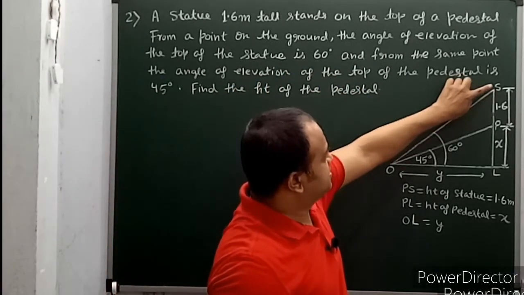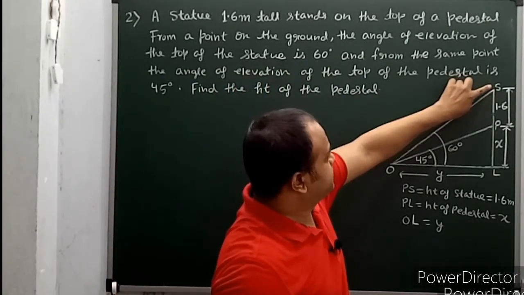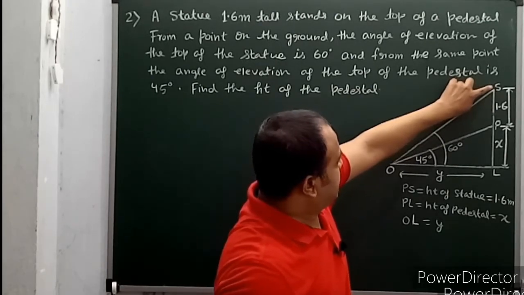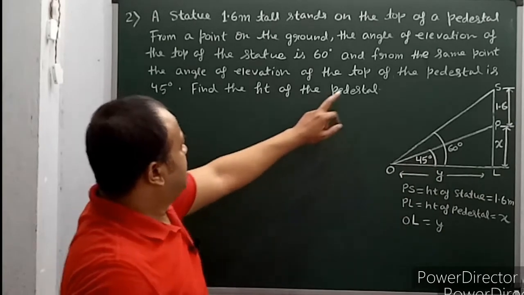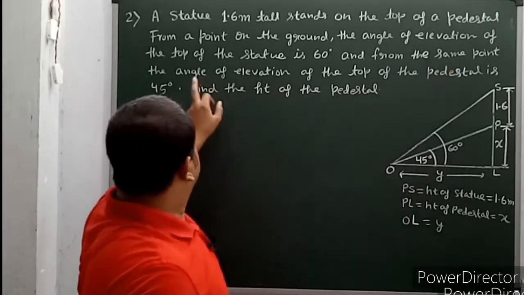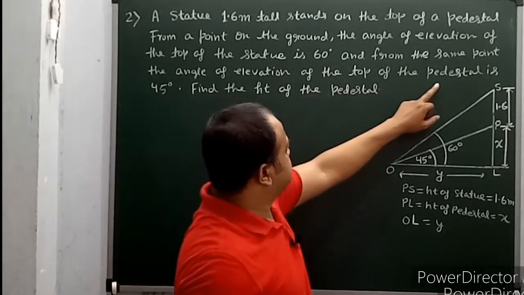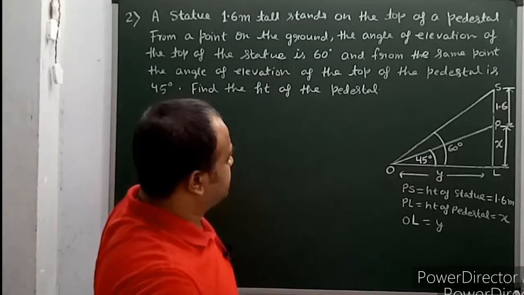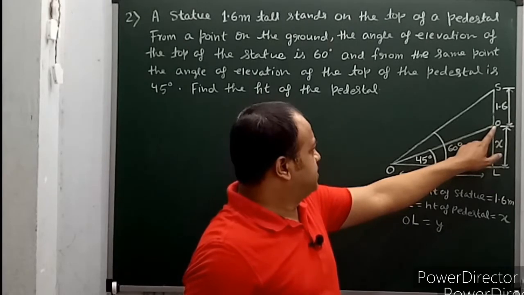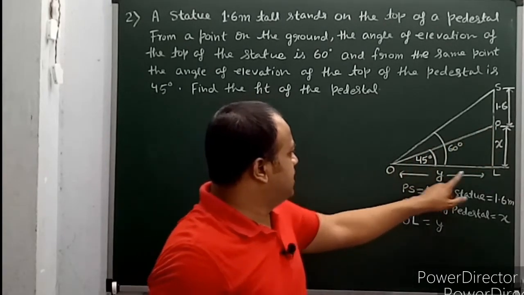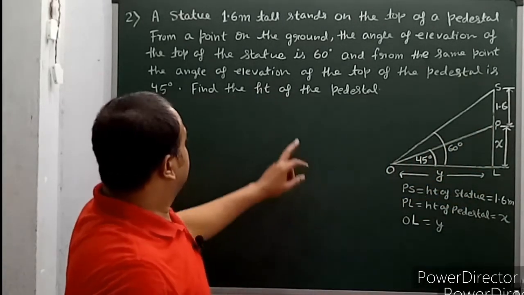Point S is the top of the statue, so angle SOL is 60 degrees, and from the same point, the angle of elevation of the top of the pedestal is 45 degrees. P is the top of the pedestal, so angle POL is 45 degrees.